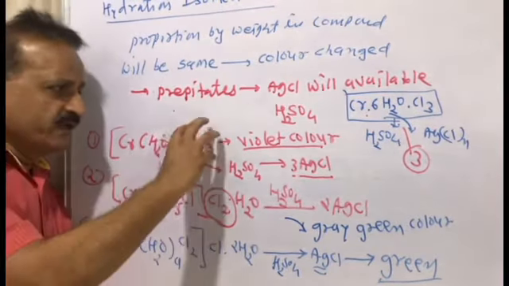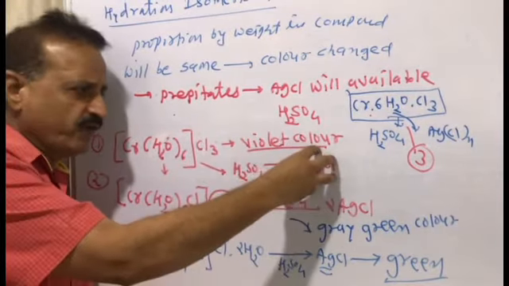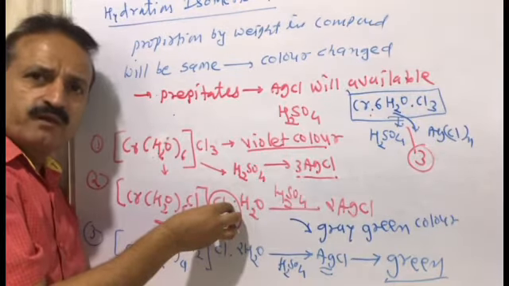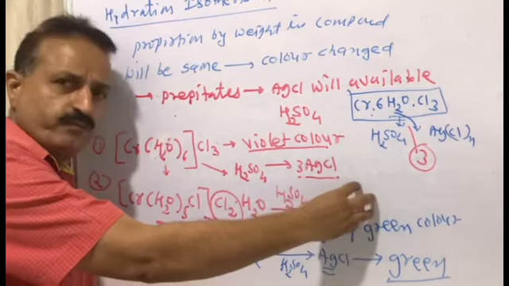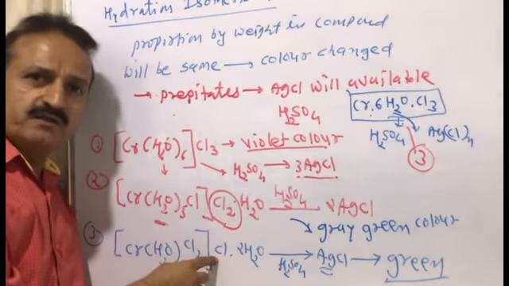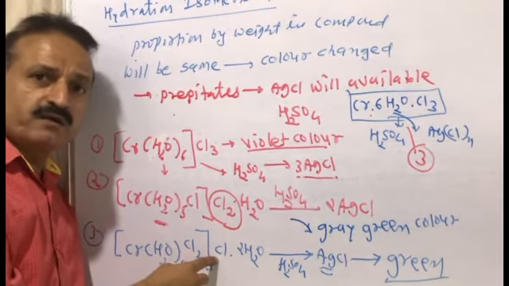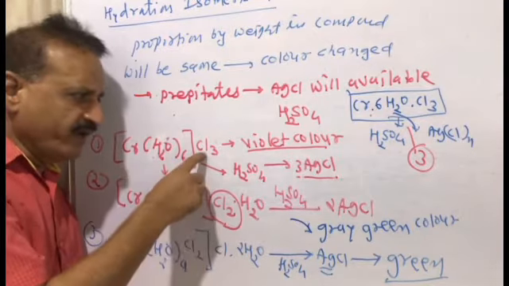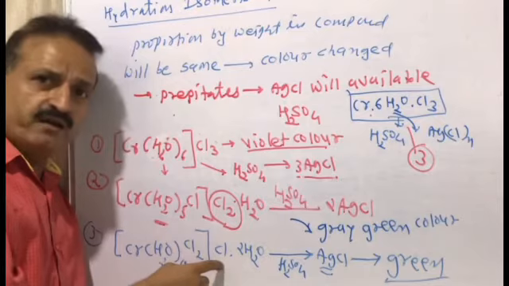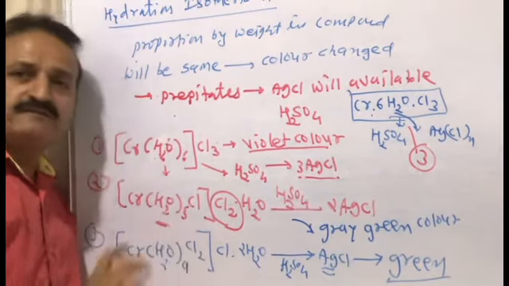Here are 3 chloride ions outside the square bracket, so we are having 3 AgCl molecules. Here are 2 chloride ions, so 2 AgCl precipitate, and here is only 1 chloride ion present. It means the ion will react with silver. Ligand will not react with silver.